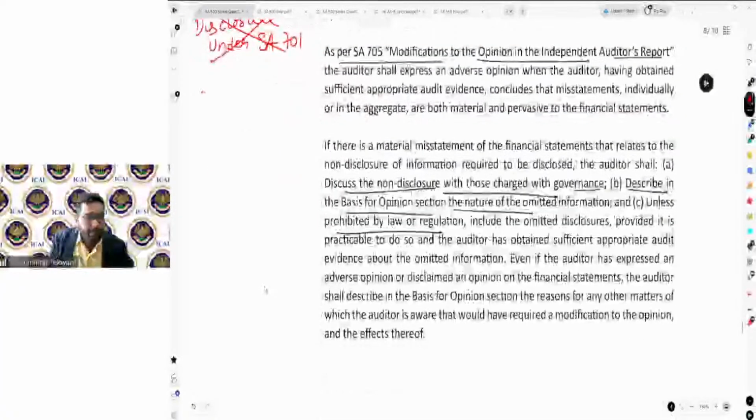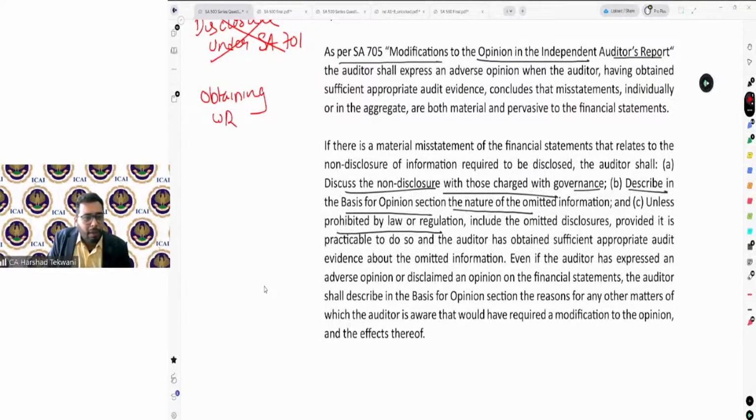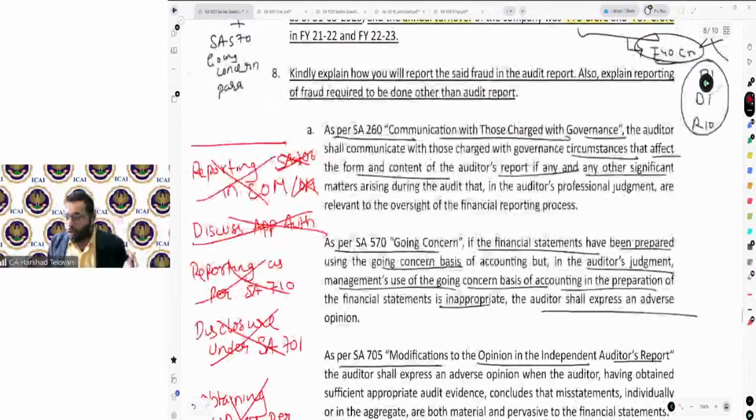Obtaining written representations as per SA 580, incorrect. Why will I obtain a written representation when the management itself is involved in the fraud?